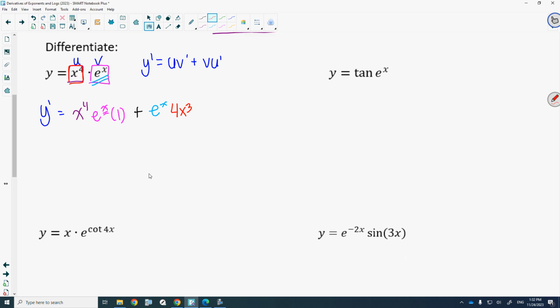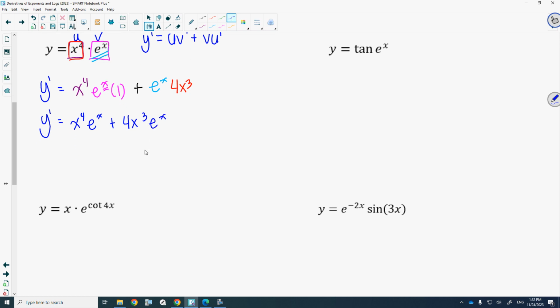What I could do is rewrite this as x to the 4 e to the x plus 4x cubed e to the x. And then I could factor from here. So each term has an e to the x, so I'm going to factor out an e to the x. And I've got an x to the 4 and an x to the 3. You could always factor out the lowest power of x.